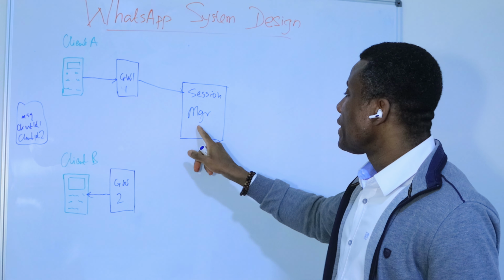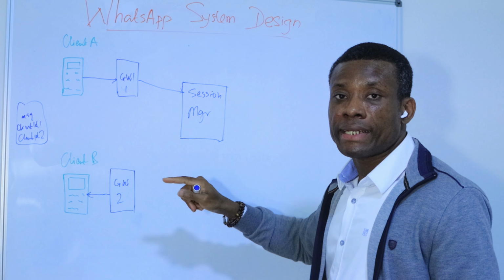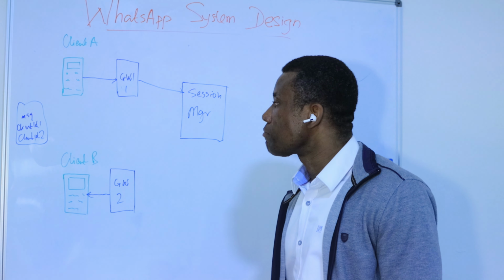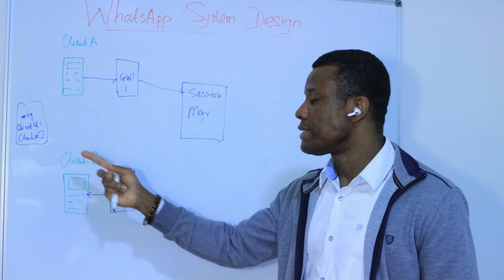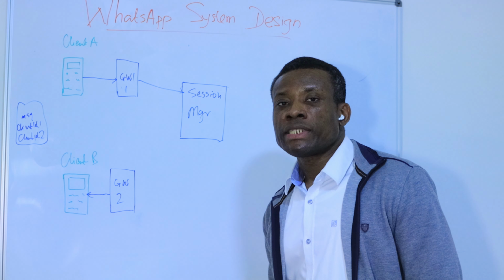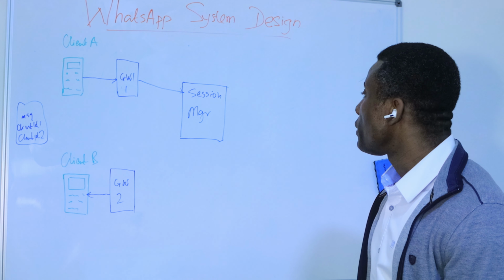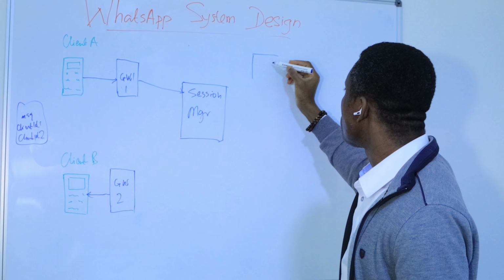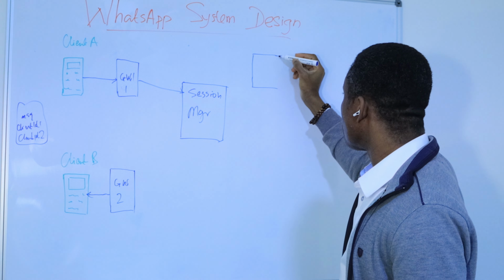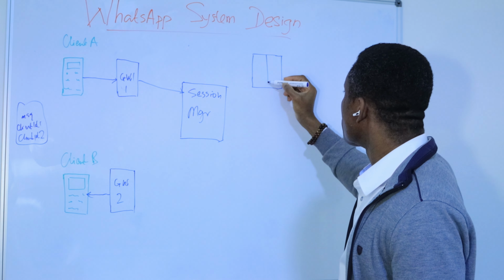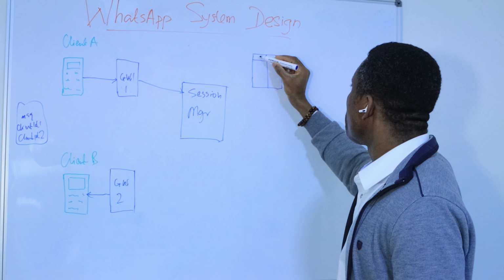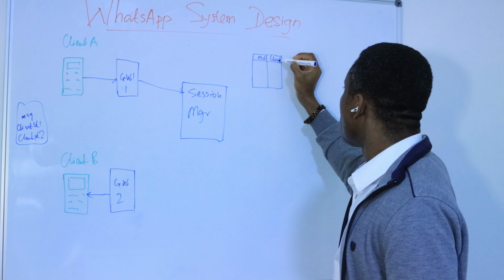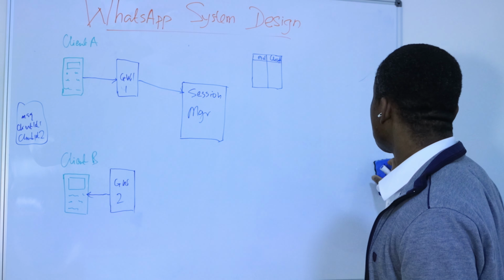Once the session manager gets it, it's going to check and look if it finds gateway 2. It finds, okay, client ID is at gateway 2. That is why we now have what is called the process table. It's going to look up this table, PID and client. I hope this is clear.